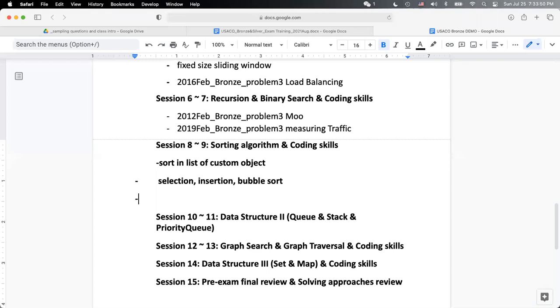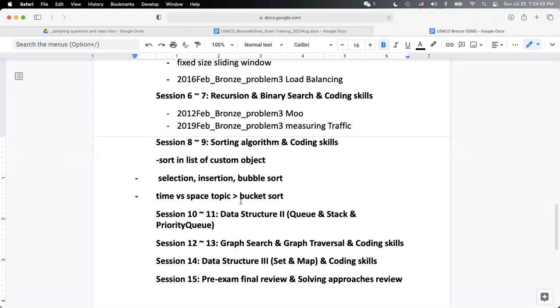I didn't include it, but there is a third level, the time versus space topic, which brings you bucket sort. For certain questions, you basically want to sacrifice space for time. So bucket sort is one instance of that strategy.